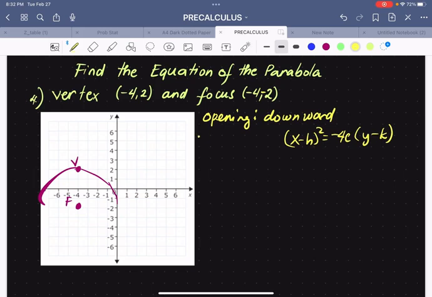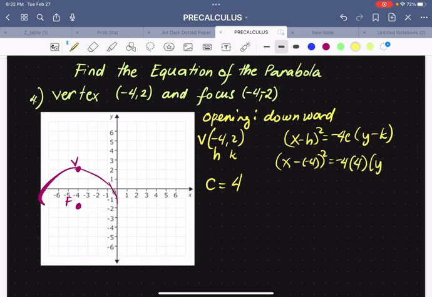So let's determine, the vertex is already given, negative 4, 2, and that is our h, k. And what is the value of c? When we say c, that is the focal length, the distance of the vertex to focus, 1, 2, 3, 4. So in this case, the value of c is 4. Let's substitute now in the formula the given. (x minus negative 4) quantity squared is equal to negative 4 times 4 (y minus 2).